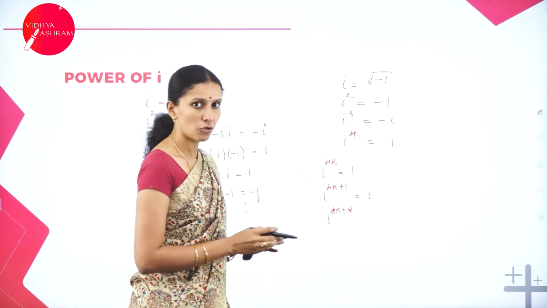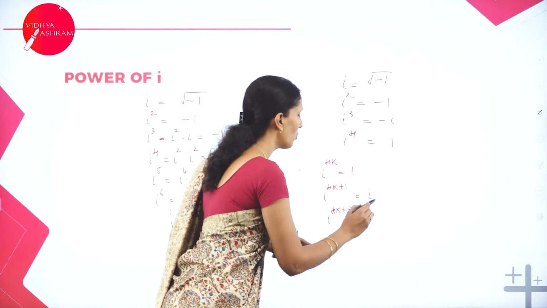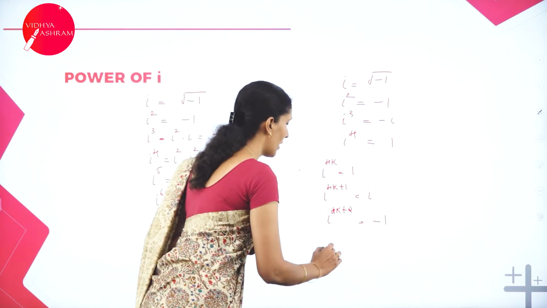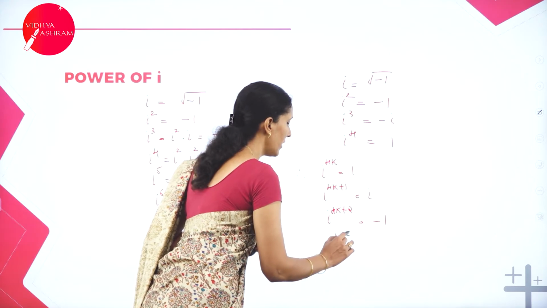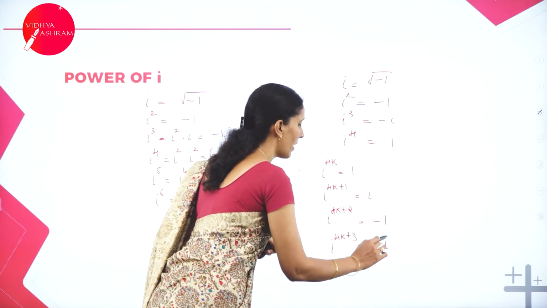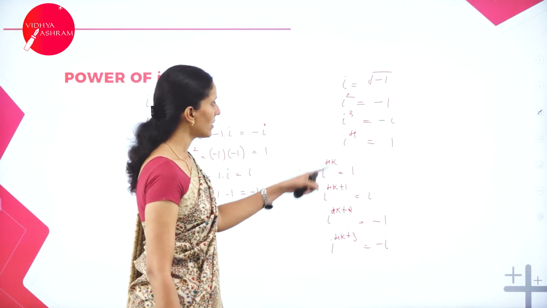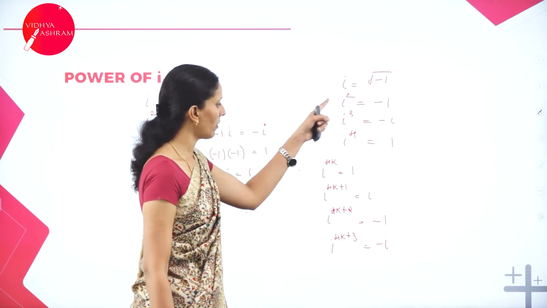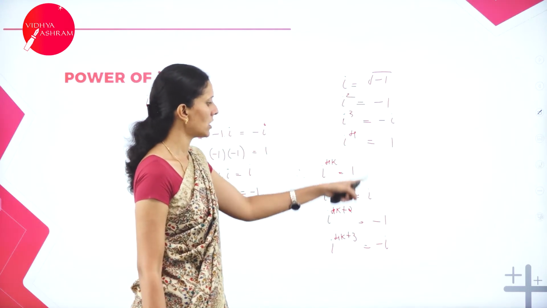So in the 4k plus 2 form, its value will be equal to minus 1. And if it is 4k plus 3, then its value is equal to minus i. Clearly you can see when you have 3, it is minus i. When you have 2, it is minus 1. When it is 1, it is just i.